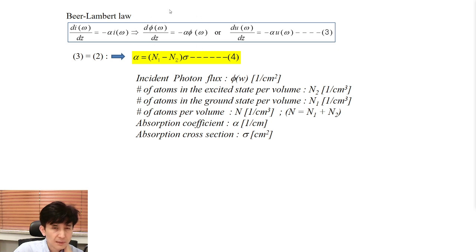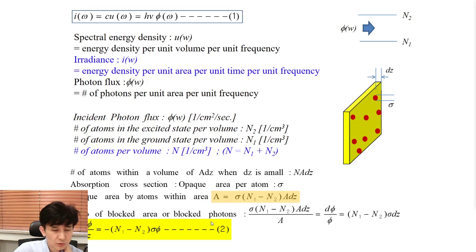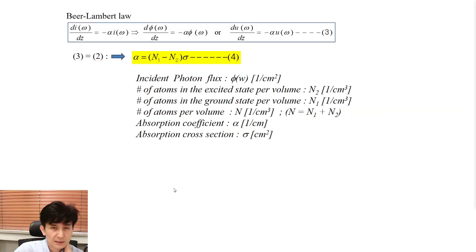If we compare this with equation 2, we can deduce that alpha is n1 minus n2 times sigma. So we obtain the relation between alpha, n, and sigma.